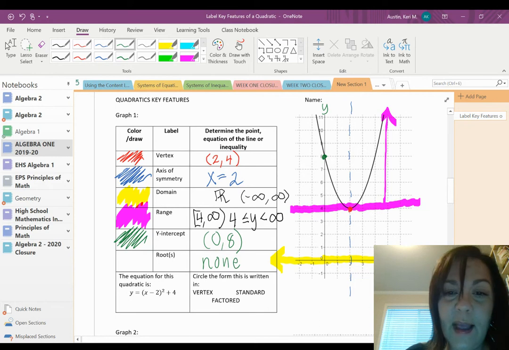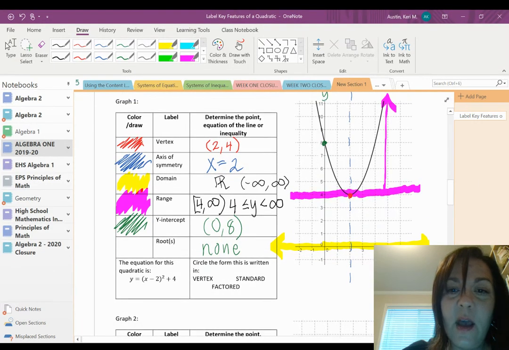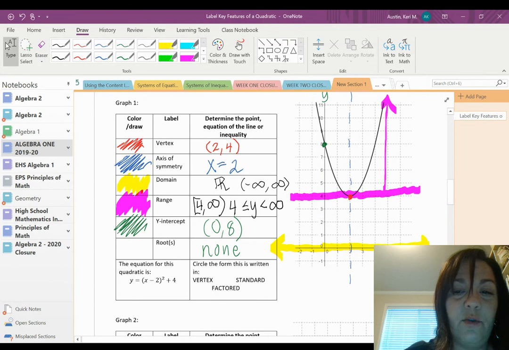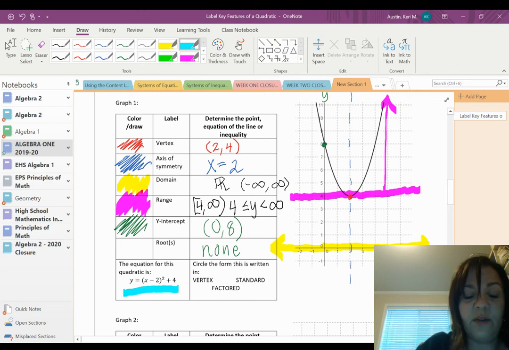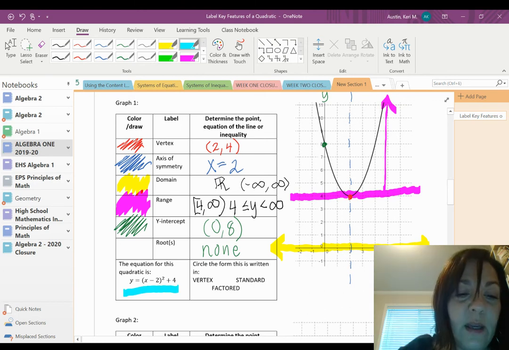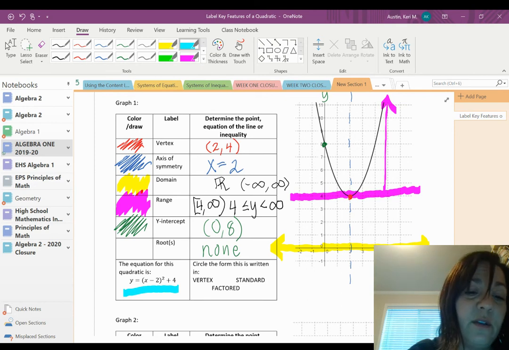Okay, and then the last thing we want to make sure you understand is the different forms that a quadratic can be presented in. So we wrote the equation right here. It says y equals quantity x minus 2 squared plus 4. And what we want you to do is tell us, is that in vertex form, standard form, or factored form? So hopefully you listened to the video.